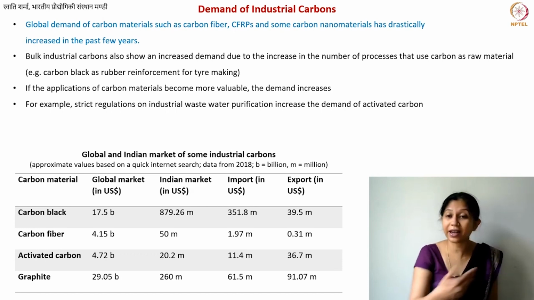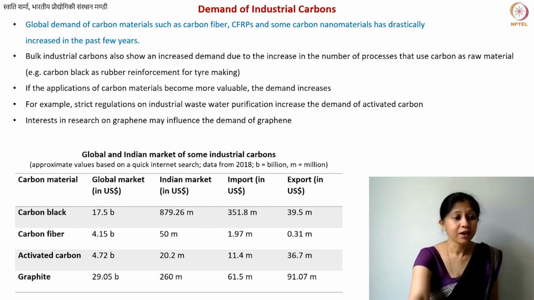So indirectly, if there is a regulation that all the water from all the industries should be completely clean, purified, in that case, that is indirectly increasing the demand of activated carbons. Okay. Similarly, even when there is a lot of research interest in a certain material, even that influences the demand.